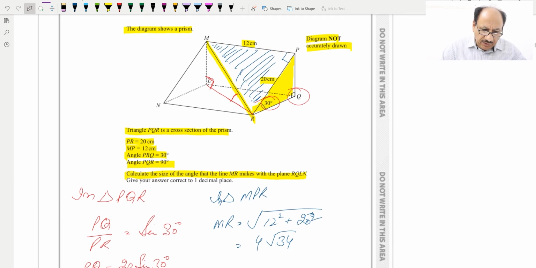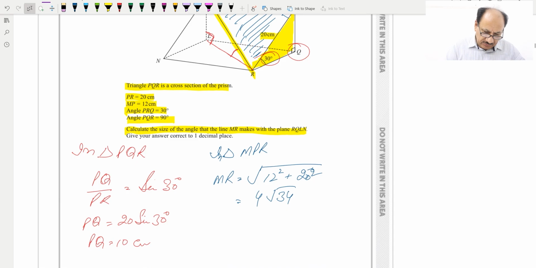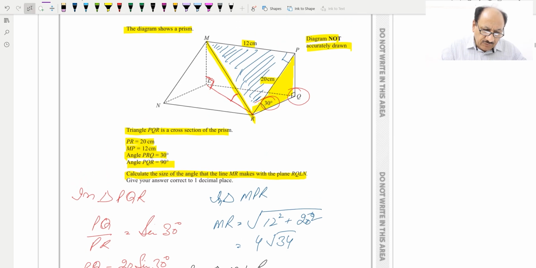After this one, in triangle MLR, we have ML, we have MR. So opposite over hypotenuse will be sine theta.